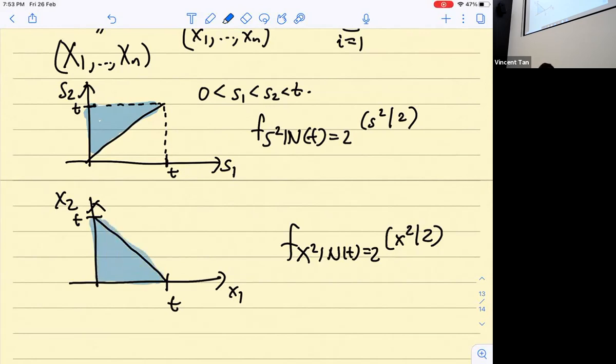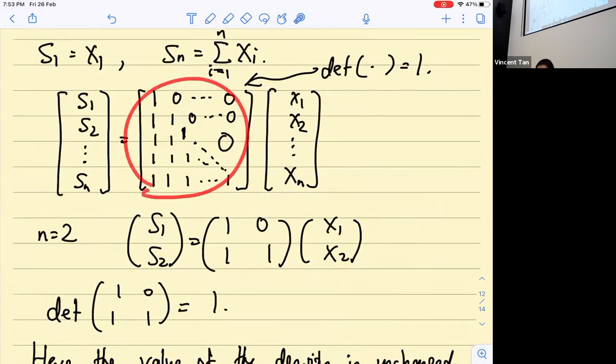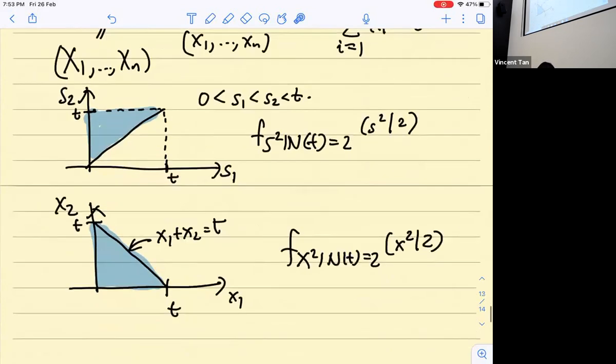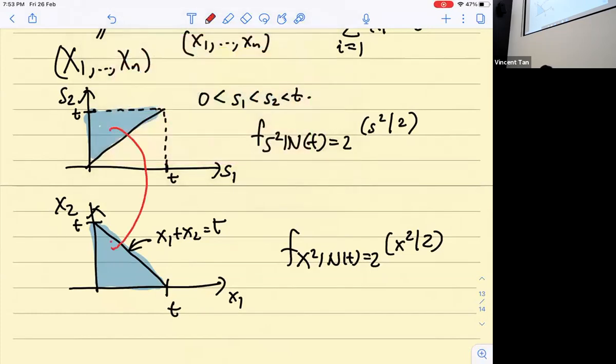This is the region, because this is the line for which x1 plus x2 is equal to t. So what this matrix here does is that it does a linear transformation of this region to this region and otherwise. This matrix is invertible because the determinant is not 0.